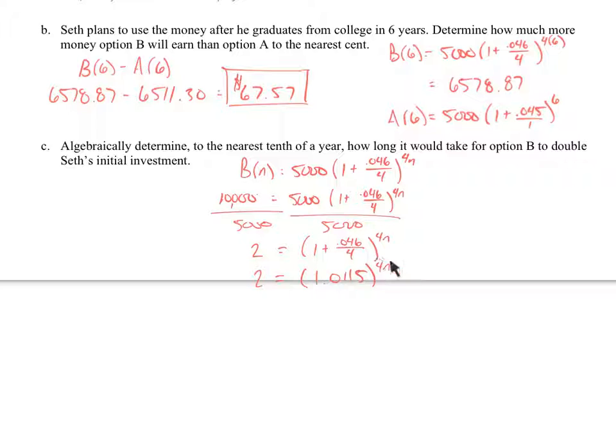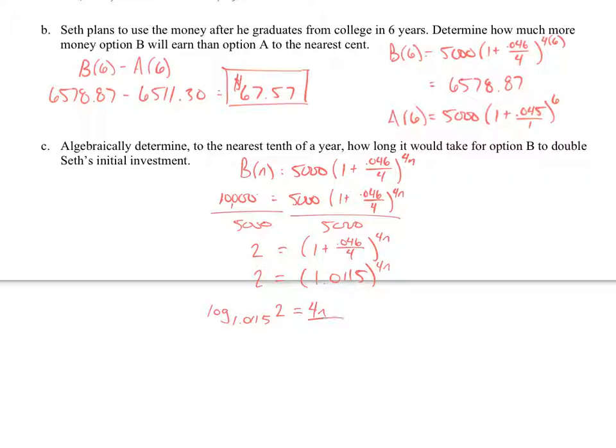Now we want to unlock our exponent. We can't do that though because of this base. So the question we're asking is, to what power must I raise 1.0115 to equal 2? Now let me write that the way I said it. To what power must we raise 1.0115 to equal 2? And that power is 4n.